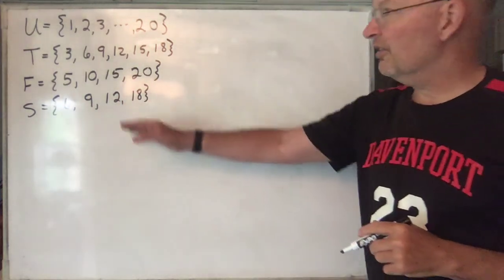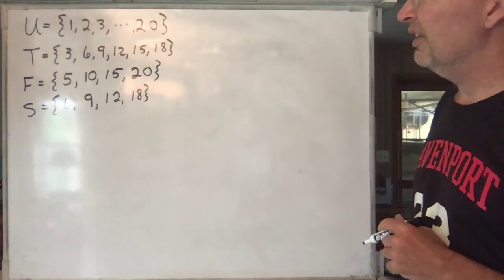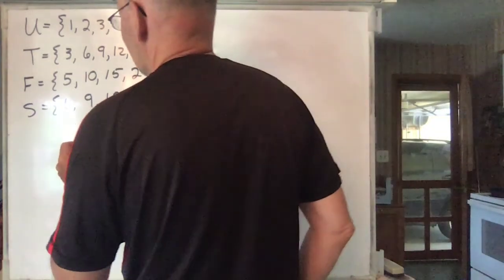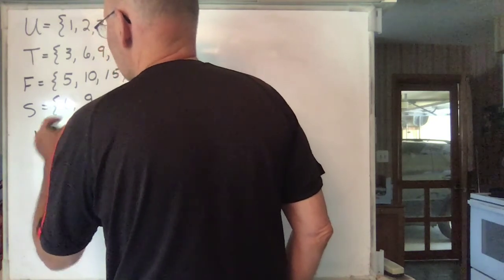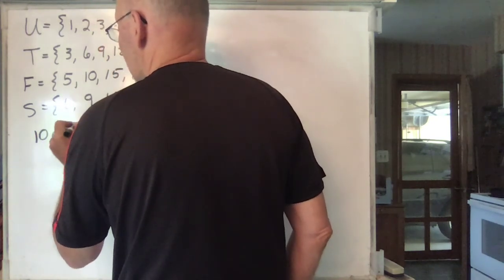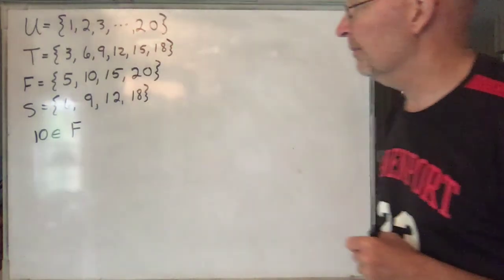So what are some various things we can do with these sets? If I want to, I can say, for example, that 10 is an element of the set F, right?